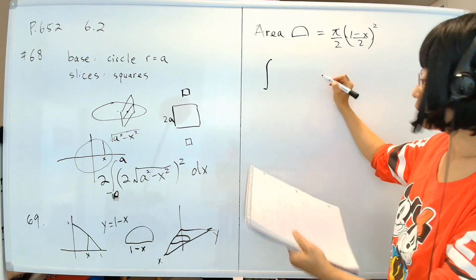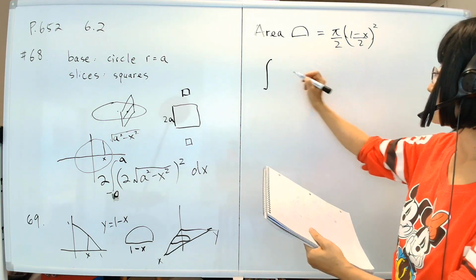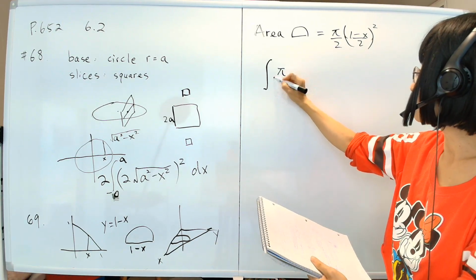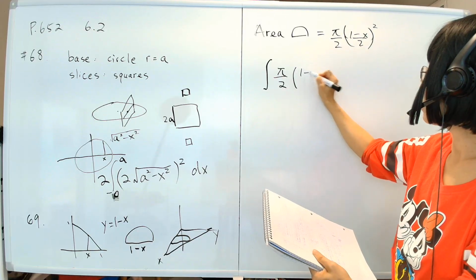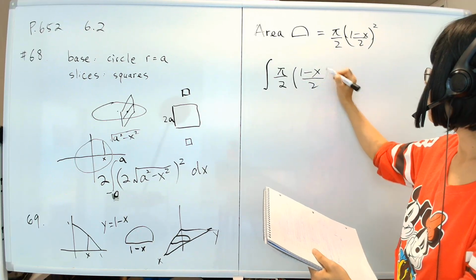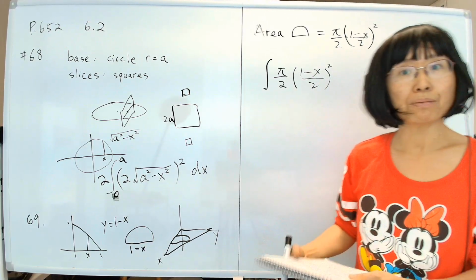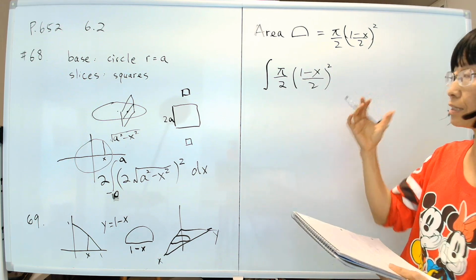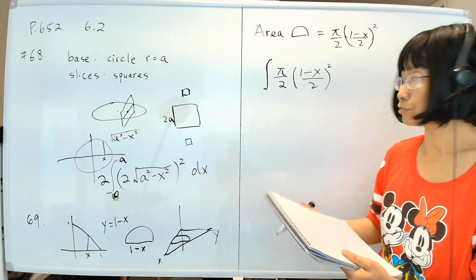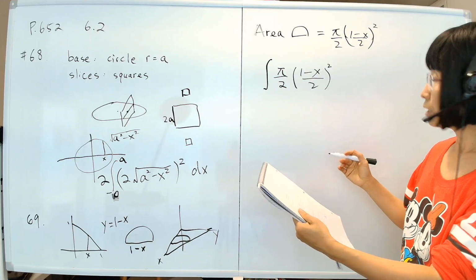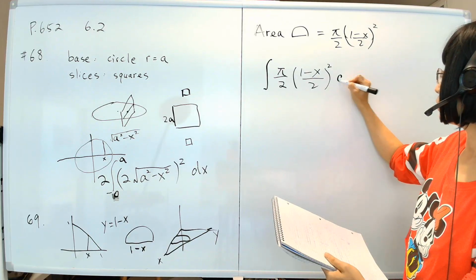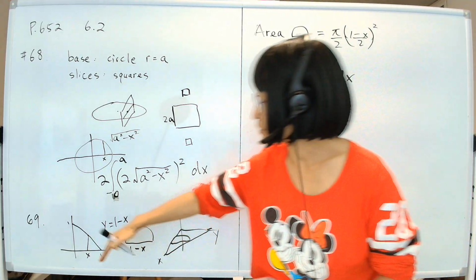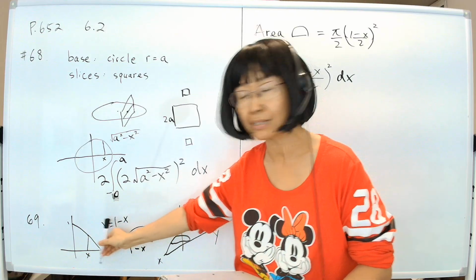Therefore, we're integrating this area, which is pi over 2 times (1 minus x over 2) squared, which will become a second-degree polynomial, and so the integration will be fairly straightforward.